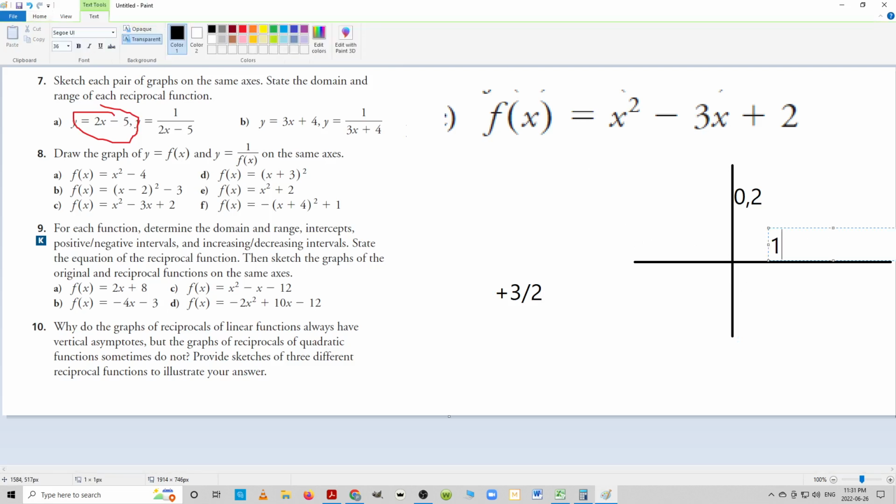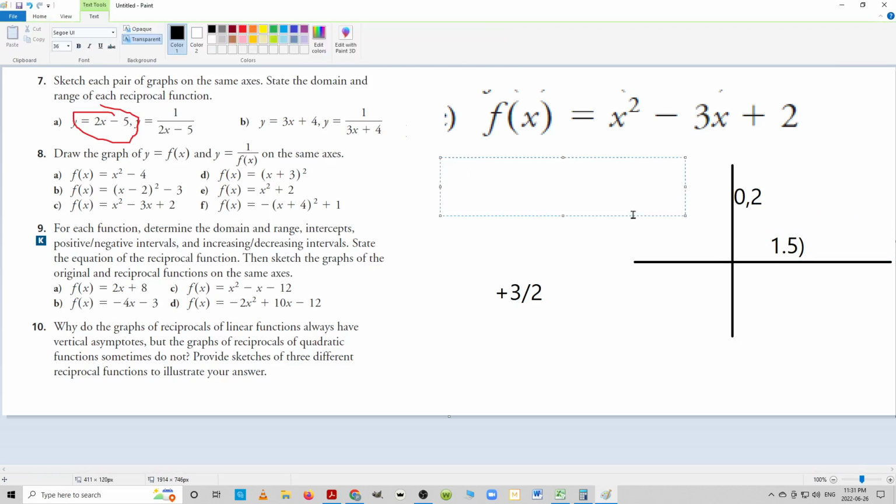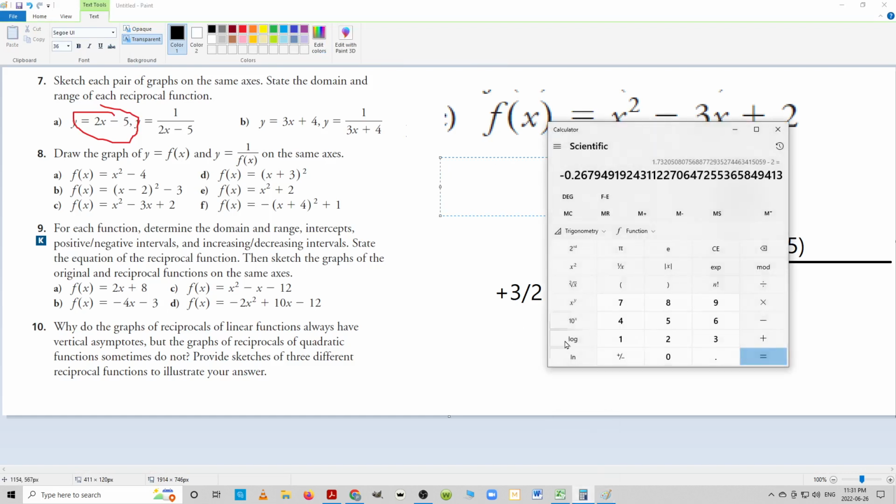I don't know what its y value is there, but that doesn't matter. Actually it does. So if we put 1.5 in there, let's see what we get. 1.5 squared minus 4.5 plus 2.